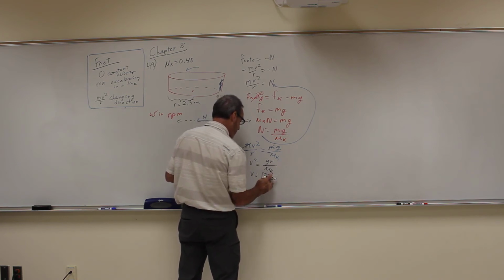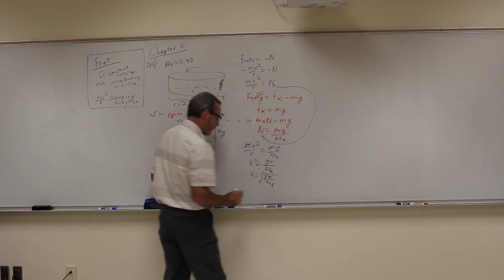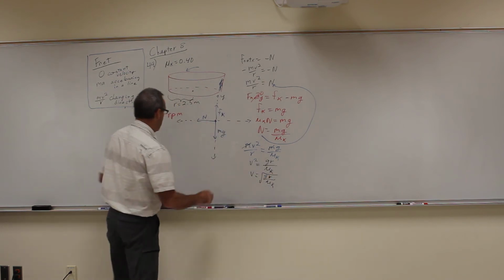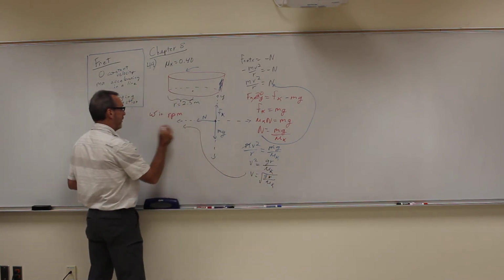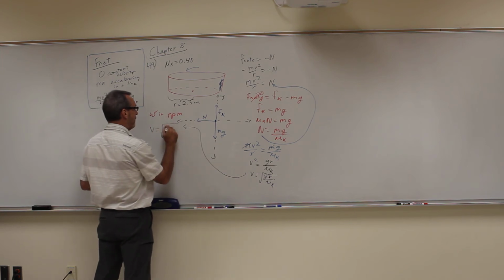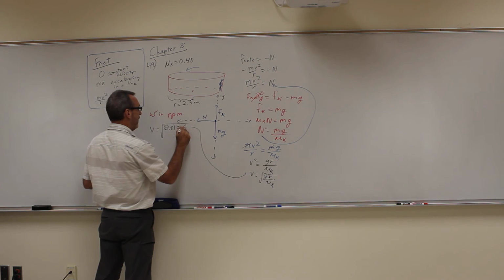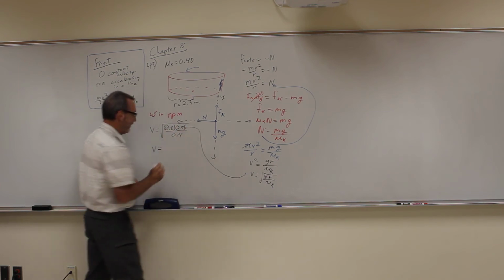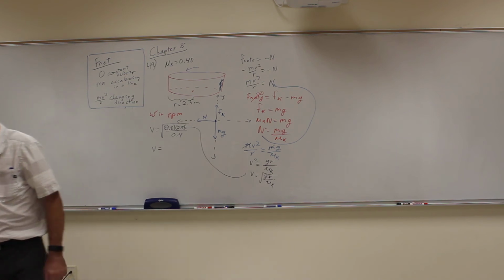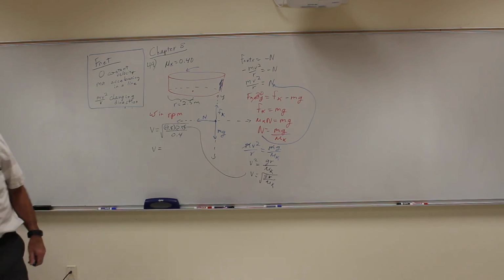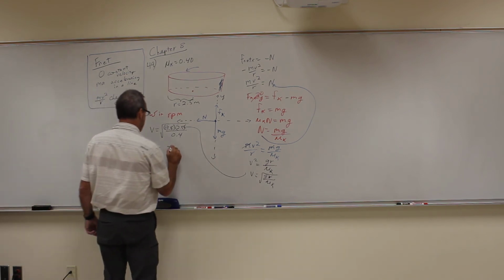So I'm going to bring this over here because I'm running out of room. So v is equal to the square root of 9.8 times the radius, which is 2.5, divided by 0.4. And you take the square root of that. When you do that, you get a value of 7.83 meters per second.